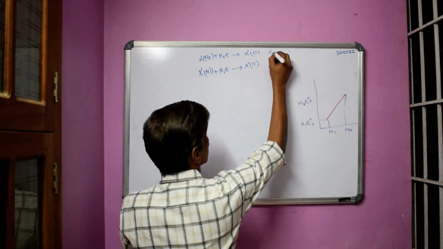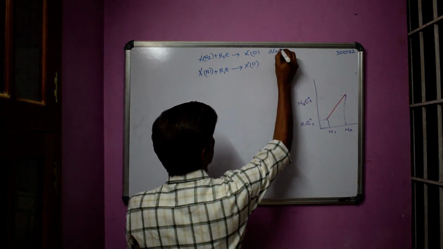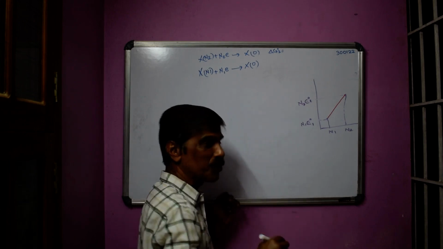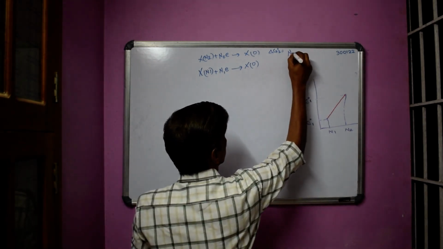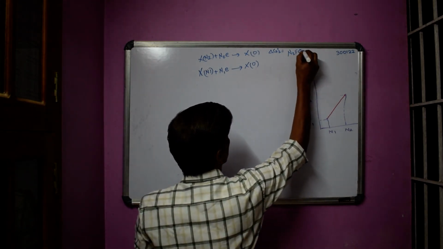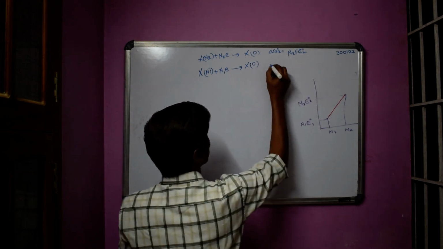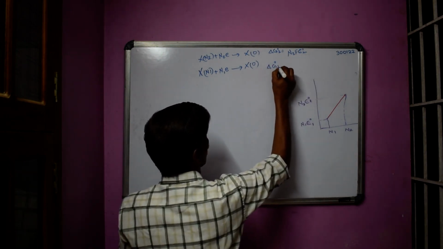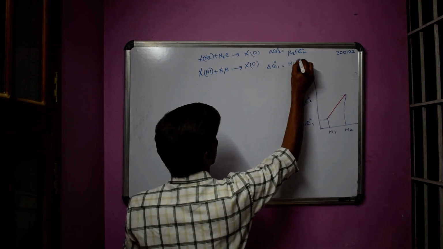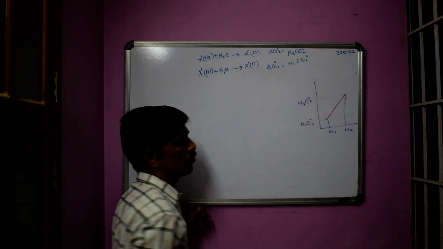For this one, delta G02 is equal to N2 F E02, and for this one delta G01 is equal to N1 F E1 0.